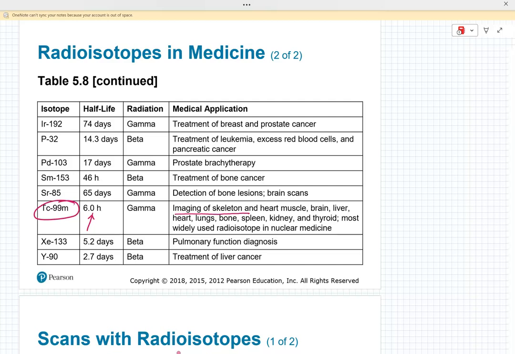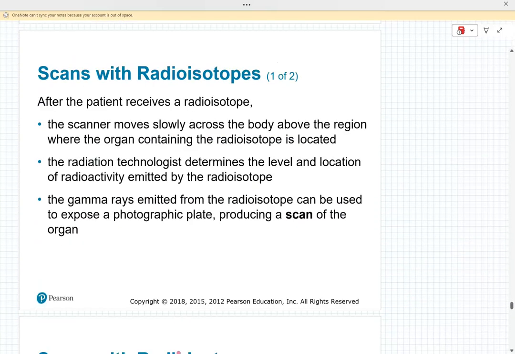So in a day, the activity will reduce. The amount of radioactive compound will reduce 16 times. Okay. So it's injectable. Yeah. So scanner will scan the emission, radioactive emission, and will produce the image.